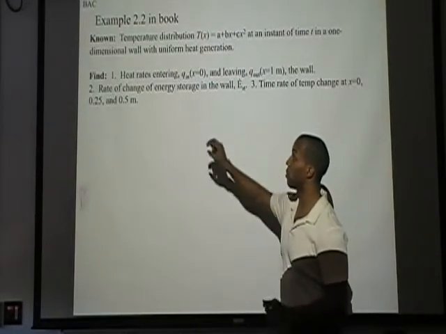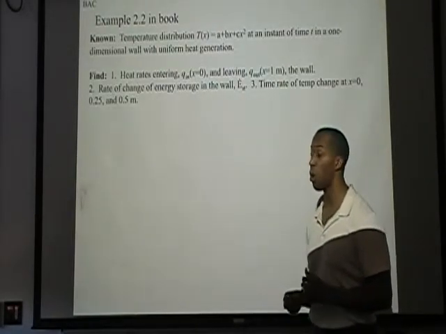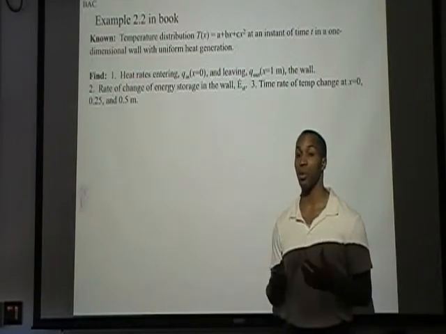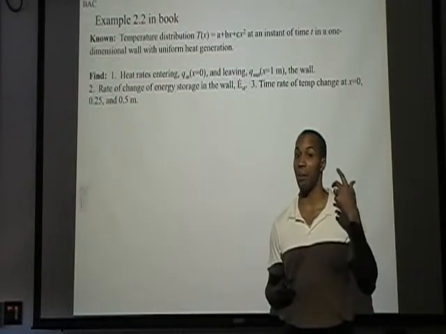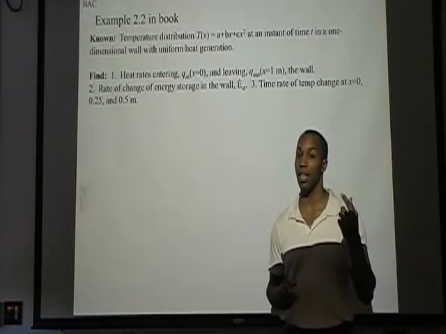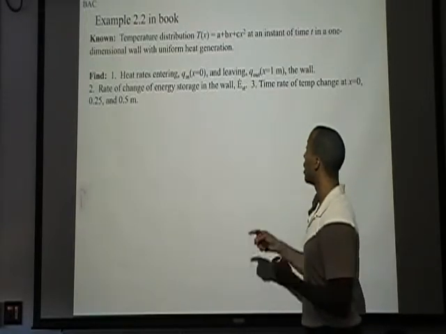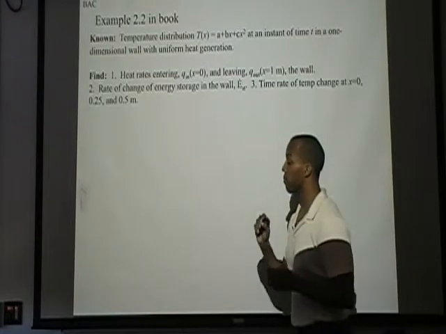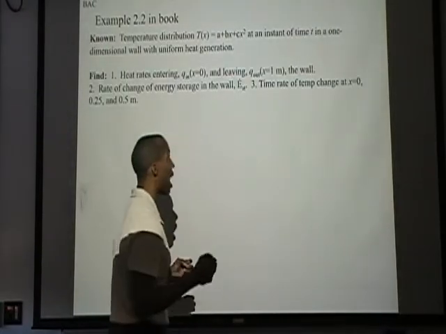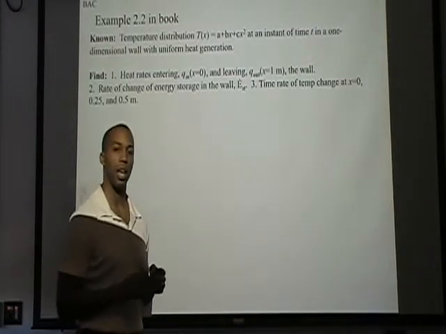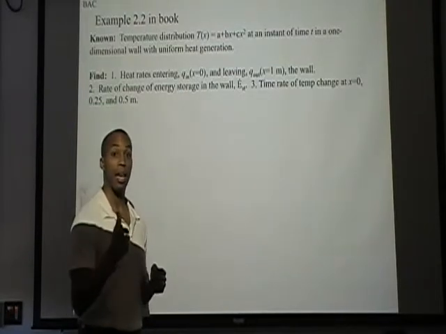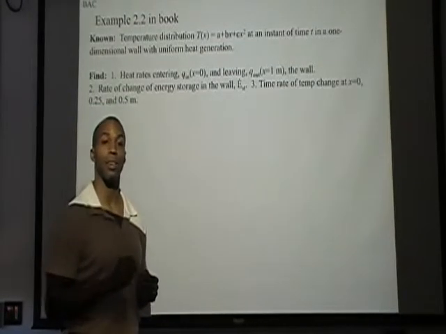So for the second one, finding the rate of change of energy storage in the wall, that's saying that we're going to need to think about applying just that basic form of the energy balance, E in minus E out plus E gen equals E stored. But for 3, it wants the time rate of temperature change. So now it's talking about temperature instead of energy.